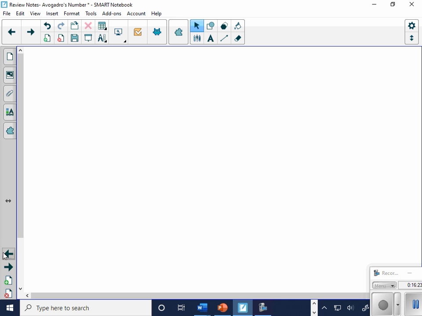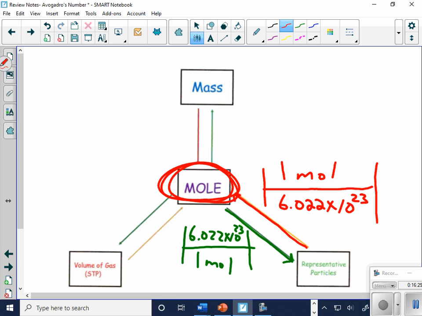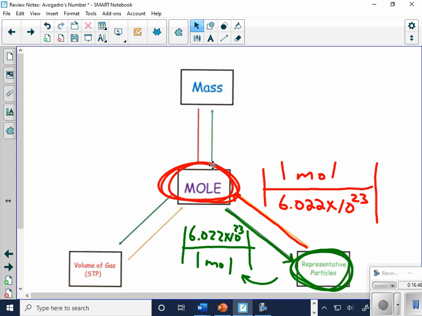When I go back to my flux capacitor, I'm right here. I have moles. I need to go down here to representative particles. So I am going to use this conversion factor right there. Avogadro's number is going to be on the top, and the mole is going to be on the bottom.